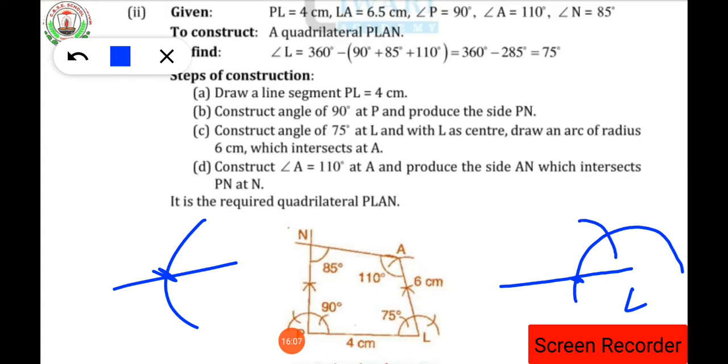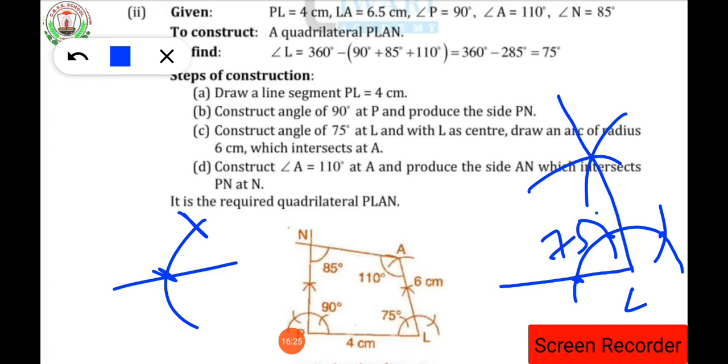Then again keeping the needle at this arc, draw another arc, as we do for the 90 degrees, in the same way. Now you will get another arc, so that this angle will be equal to 75 degrees. Have you understood up to here how we have to draw the 75 degrees?